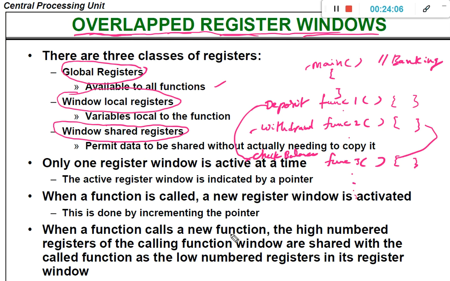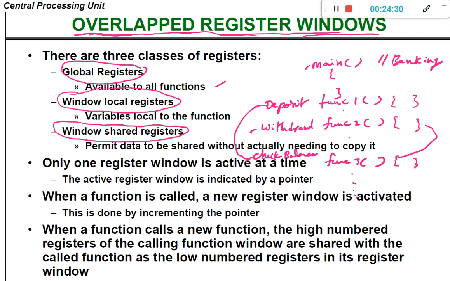When a function calls a new function, the high numbered registers of the calling function window are shared with the called function. For example, if the deposit function calls the check balance function, then the window shared registers will be shared between the deposit and the check balance.